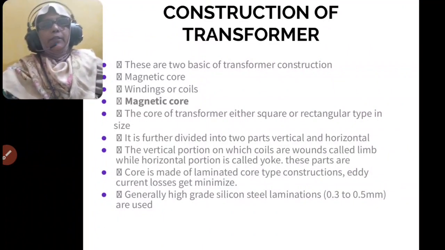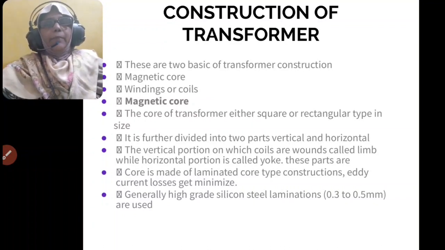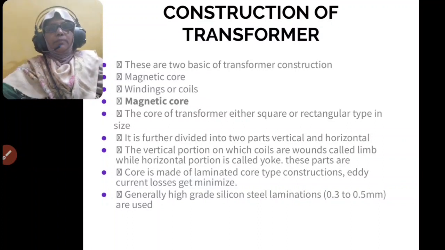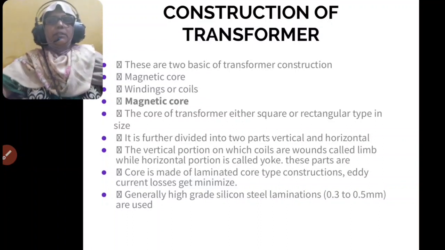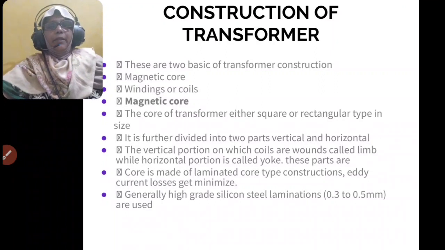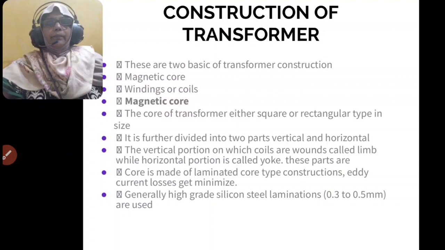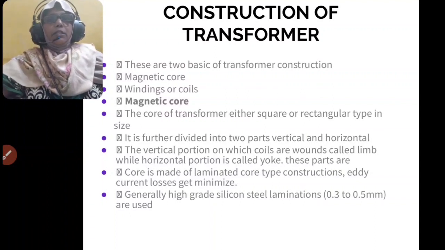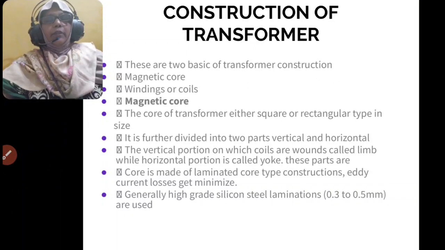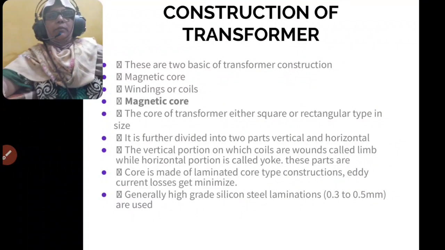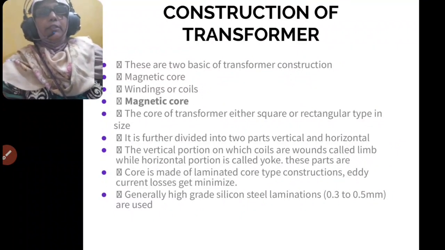Because of this lamination structure, the air gap between these laminated strips is reduced to a large extent so that eddy current losses are minimized. The iron core of this transformer may be square or rectangular in shape. Here it is divided into two parts, vertical and horizontal. The vertical portion is where the coils are wound, and the horizontal portion is called the yoke, that is the body of the transformer.